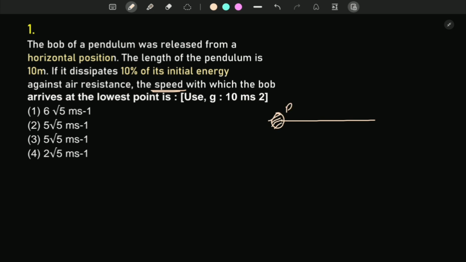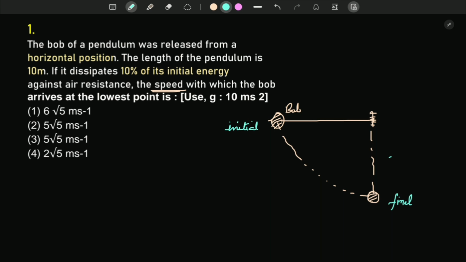So let us draw the situation. Here is the bob of the pendulum in this position. This is our bob. It is tied to this fixed point and it will come below over this position. So I can say that this is our initial position, the horizontal position, and vertically is the final position.